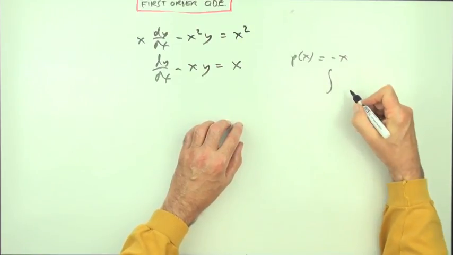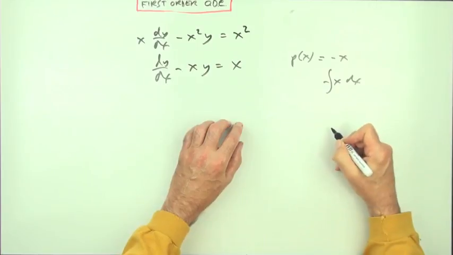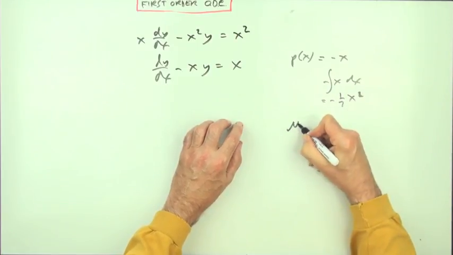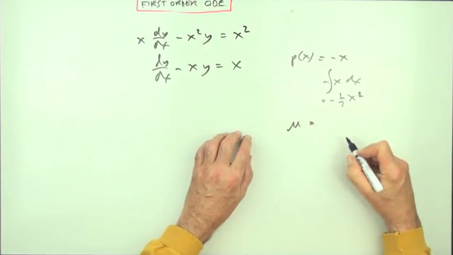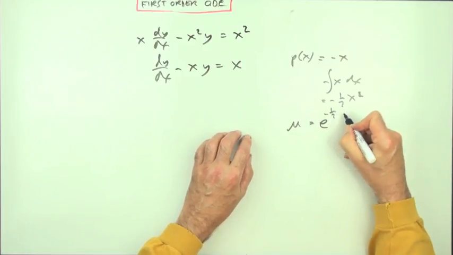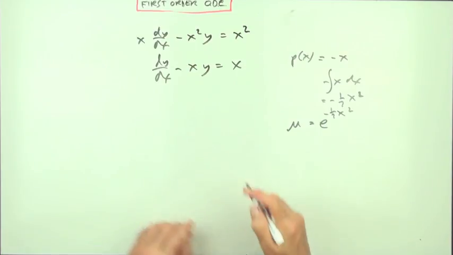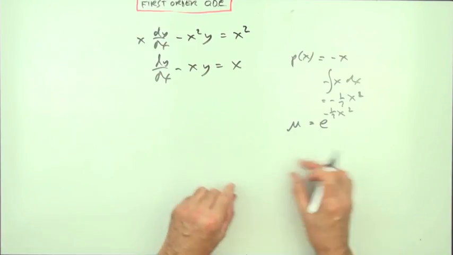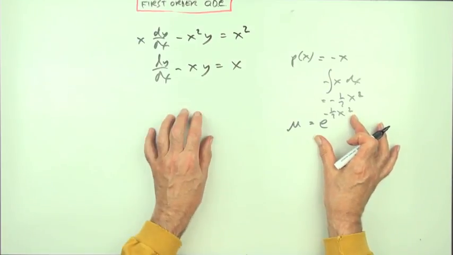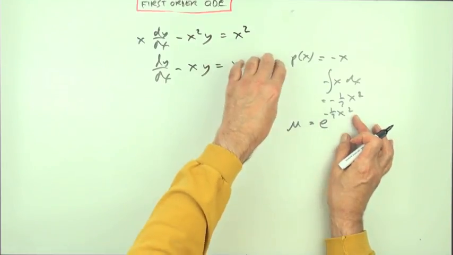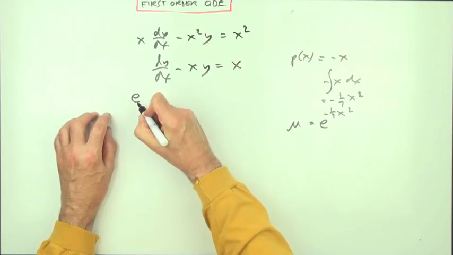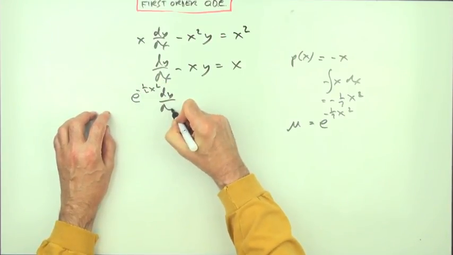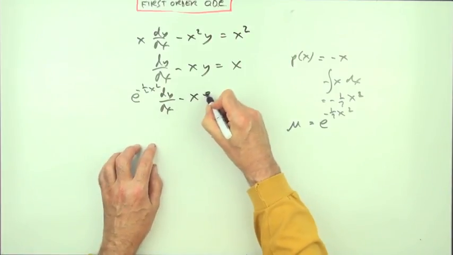So that means I get the integral of negative x dx, which is negative a half x squared, which means the integrating factor is going to be e to the negative a half x squared. And if you pop it in, sometimes you don't even pop it in, you just trust it and then just put in that times y on this side and that times whatever's here on that side. But I just like to write it in so you can see the pattern quite nicely. You can see that you've successfully made it exact.